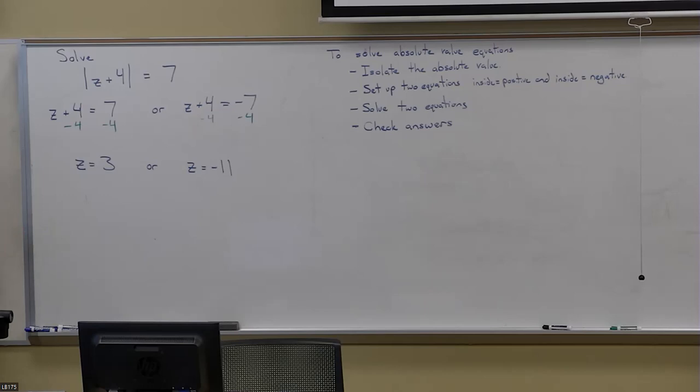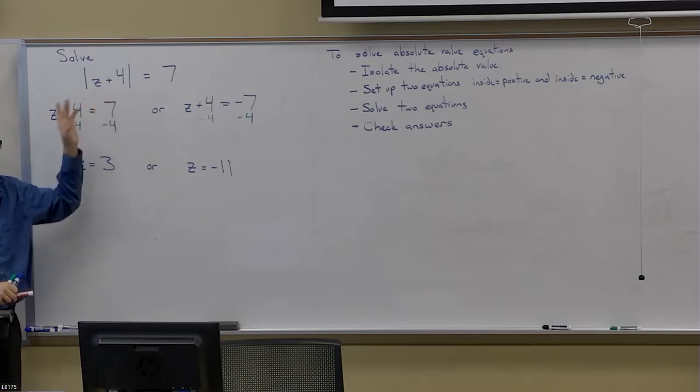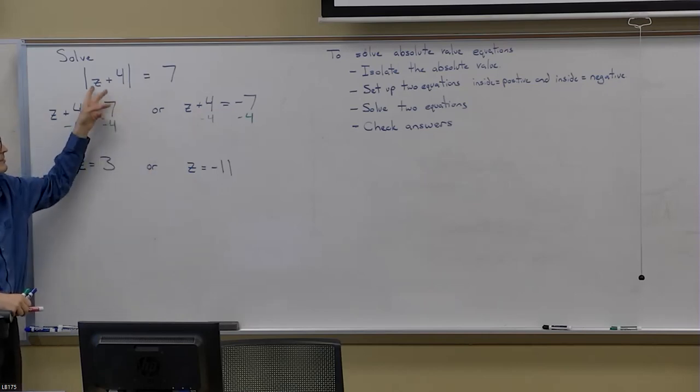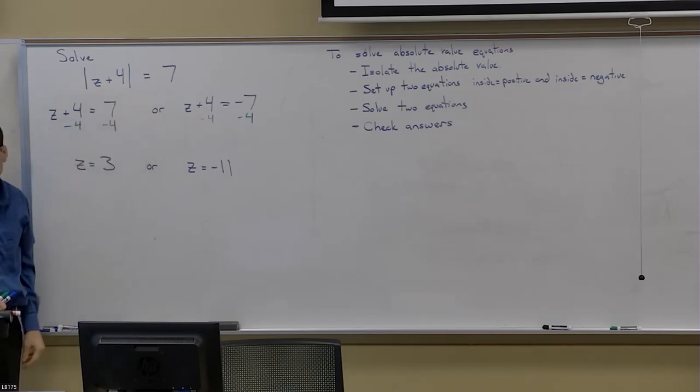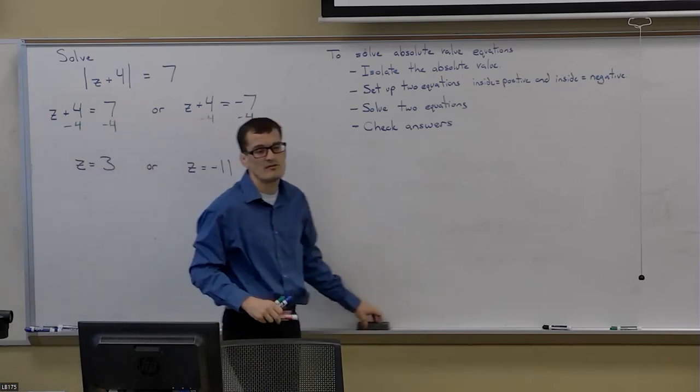Usually with me, I just think, well, if I plug in a 3, I get an absolute value of 7 equals 7, that works. Plug in a -11, -11 plus 4 is -7, inside the absolute value becomes a 7 on the outside, that works. So it's a real quick check of our answer.